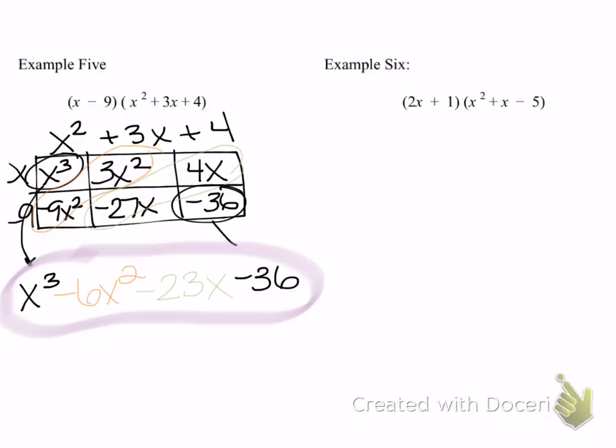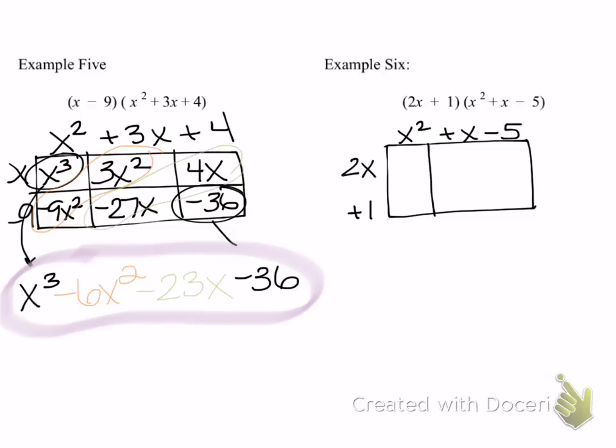So we're going to do that same process. I'm going to put x squared plus x minus 5. And then 2x plus 1. So I make my wonderful box, and now we start multiplying. So x squared times 2x gives me a 2x to the third.